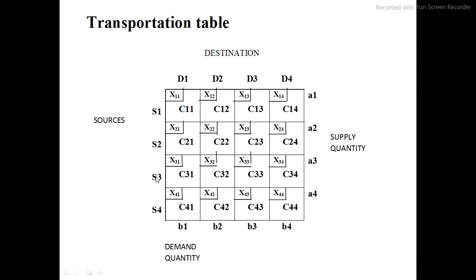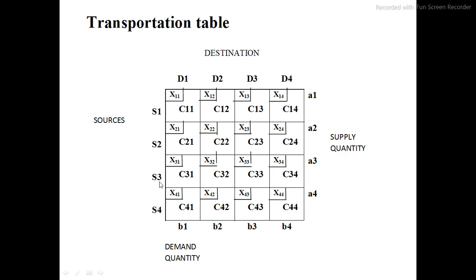That means the sources S1, S2, S3, S4 have supply quantities A1, A2, A3, A4. So here we now know the sources and supply quantity. Sources means warehouses, and supply quantity means how much quantity each has.